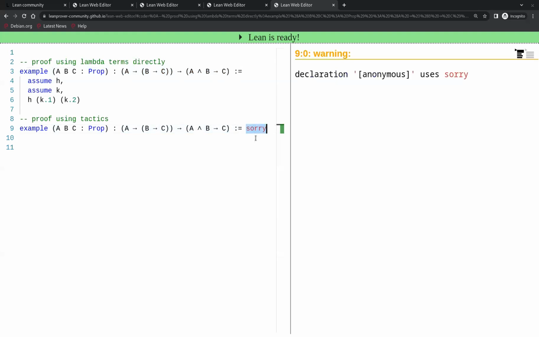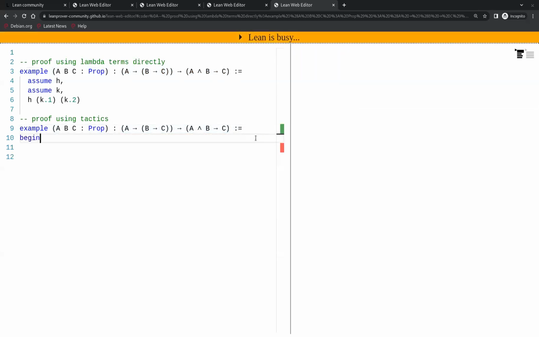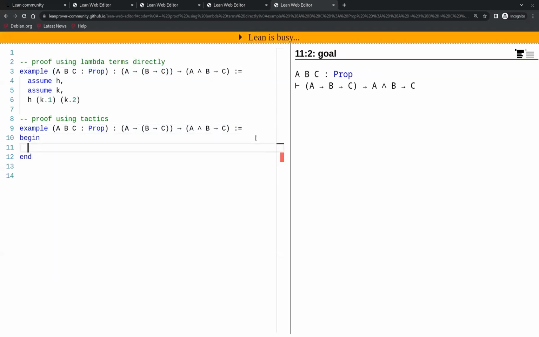Now we are going to prove the same proposition again using tactics. Tactics are enclosed between the keywords begin and end. And placing our cursor between the two lines, begin and end, we are being shown the goal again.